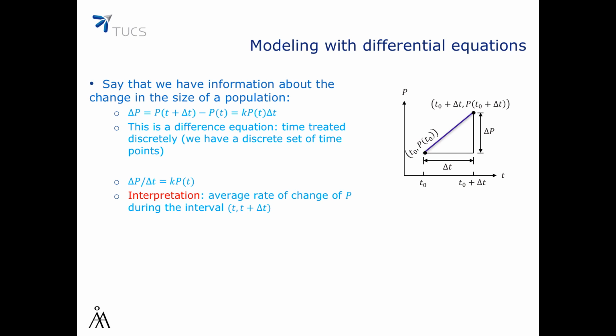If we make the length of the interval smaller and smaller and allow it to converge to t, what we get on the left hand side is the differential of p at time t, which signifies the instantaneous rate of change of p at time t. In other words, by moving from a difference to a differential, we have moved from reasoning about the average change of p over some time interval to its instantaneous rate of change.